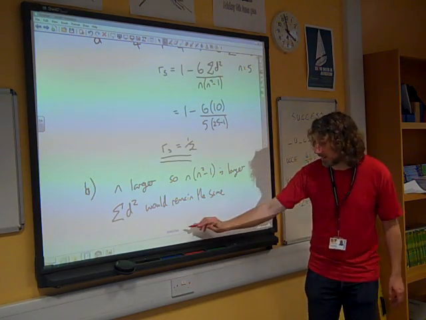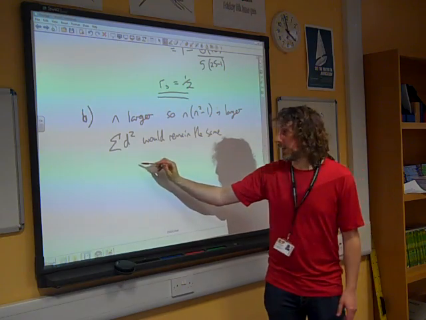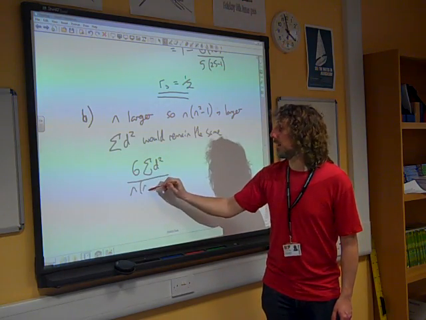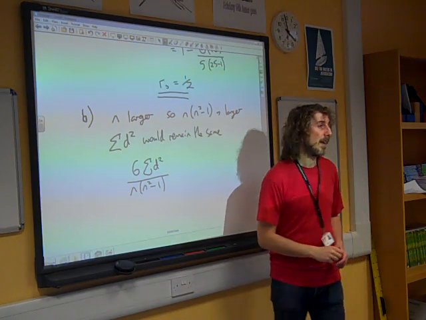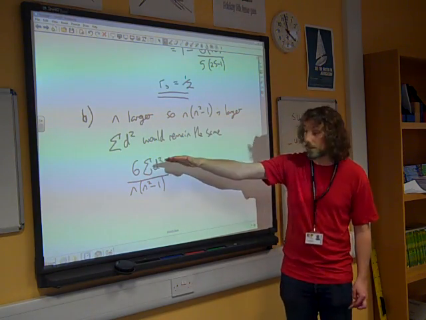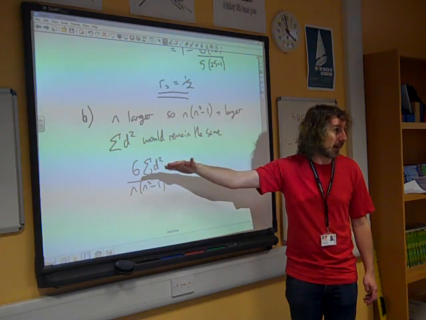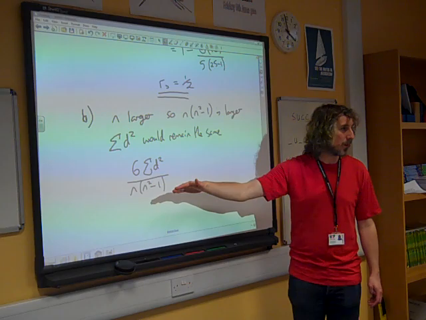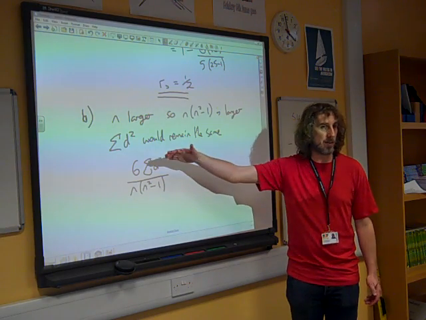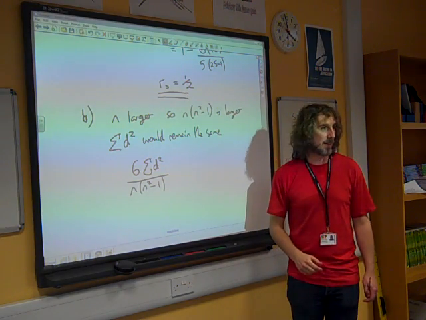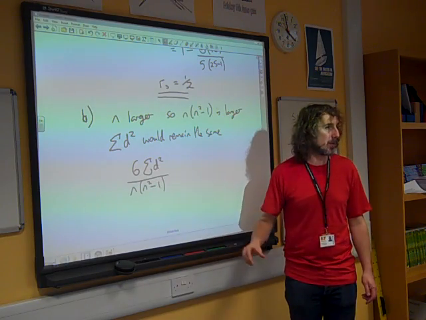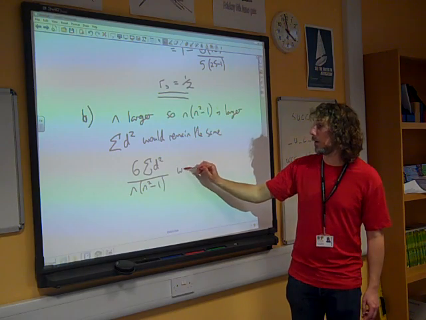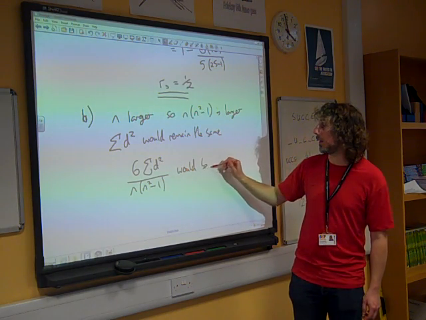So what we've just said, remember in the formula we've got this fraction, 6 times sigma d squared over n times n squared minus 1. Now, the top of that fraction has remained the same. The bottom of that fraction has got slightly bigger. What happens if the top of the fraction stays the same but the bottom gets slightly bigger? What can you say about this amount? It would get slightly smaller, wouldn't it? So that would now be smaller.